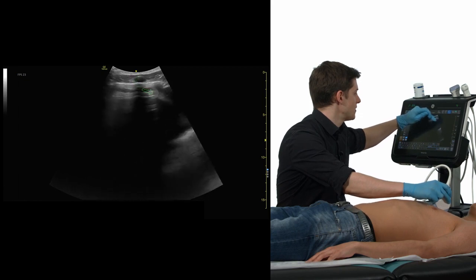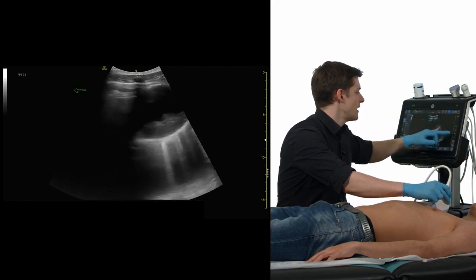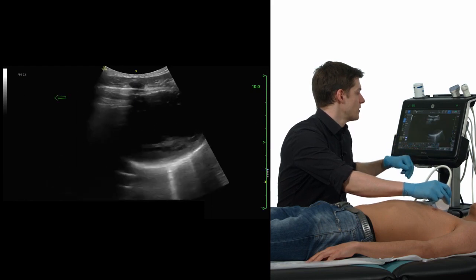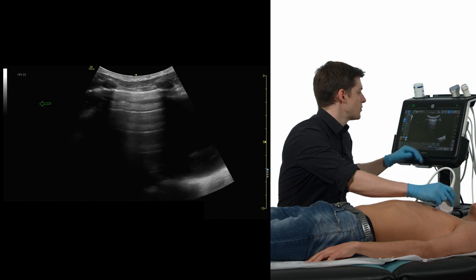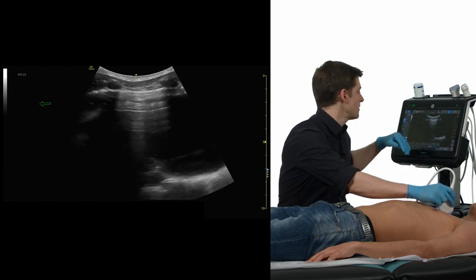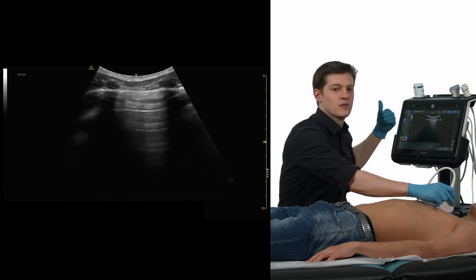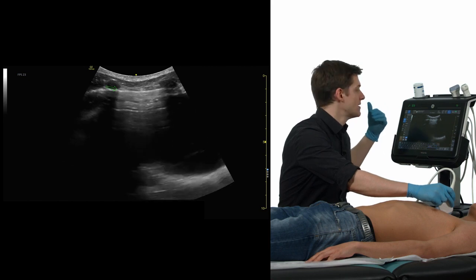Here you see the heart on the left side, and we don't need that much depth, so optimize the depth to approximately 5 to 10 centimeters, and then in a point of care setting just look for this hyperechoic line which resembles the pleural line, and look for lung sliding.